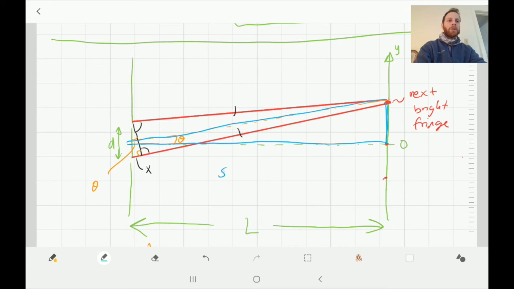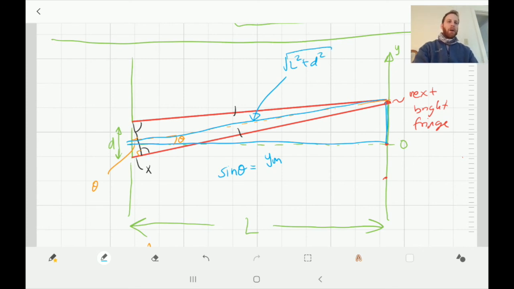In blue, sine of theta can be written as the distance from that central bright fringe to, for example, the next bright fringe. I'll call that the position ym, m referring to which bright fringe it is. That is the opposite side, and then the hypotenuse is given by the square root of L squared plus D squared.